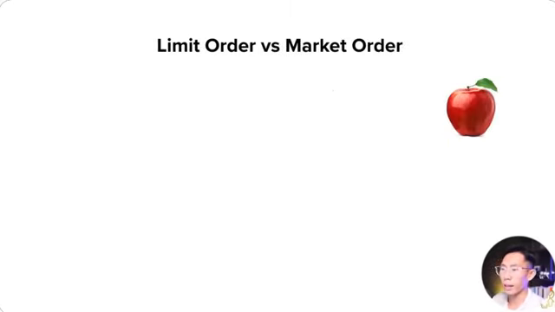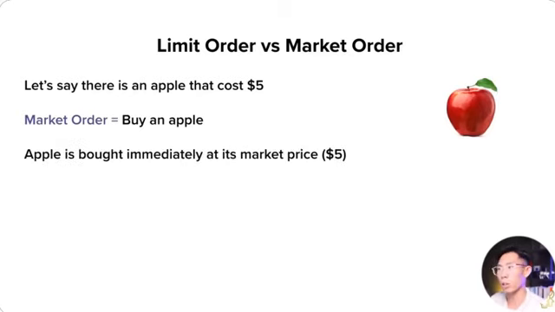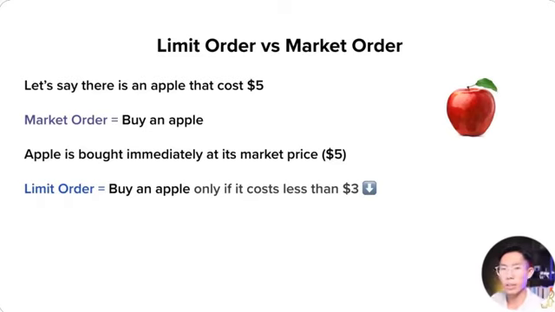Now, let's say there is an apple that costs $5, and this is just to help you understand the difference between a limit order and a market order. So the apple costs $5. A market order is you buy the apple right now at $5. You don't care what the price is, you just buy. That's a market order. You execute at the current market price. A limit order is when there's some sort of condition. You only want to buy an apple if it costs less than $3.